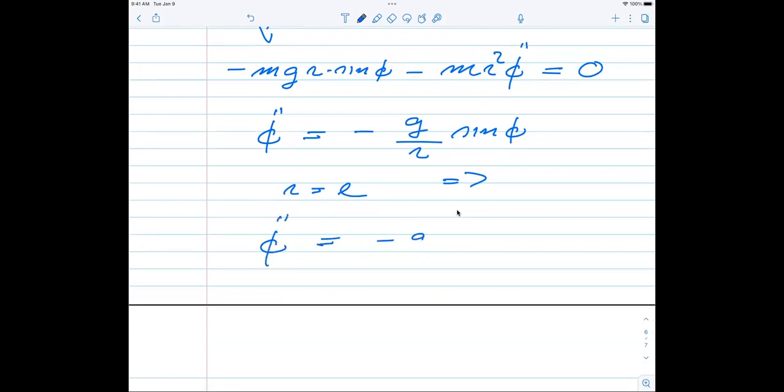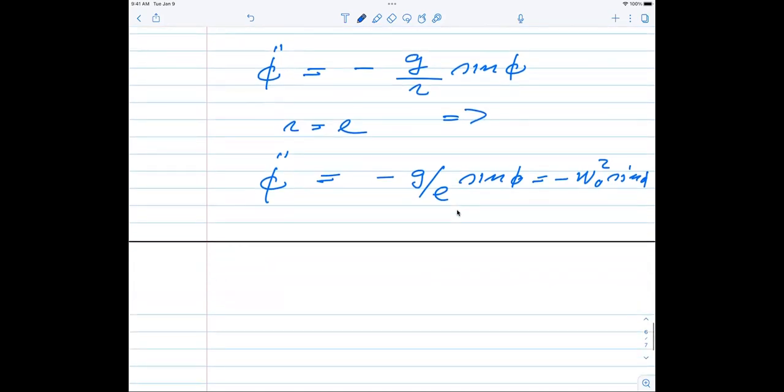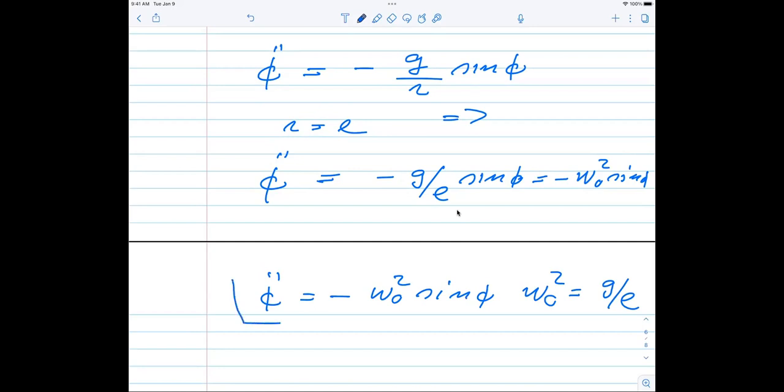And this is given by minus g divided by L of sine phi, which is the same as minus omega squared times sine phi. Omega squared is equal to g over L, and that's the natural frequency which we have. And the equation which you see here is one of the equations which we actually studied in homework 7 for the mathematical pendulum.